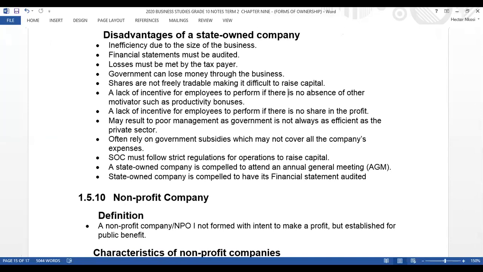Remember that the paper will be posted to you on time. Then it is your own duty and responsibility to do it. It will be on forms of ownership, and it will be on state-owned companies, guys, right? So please, it is very important to do all the work and all the activities, boys and girls.